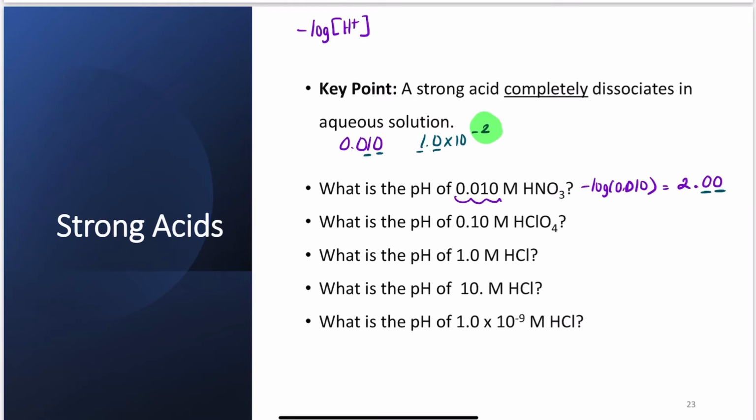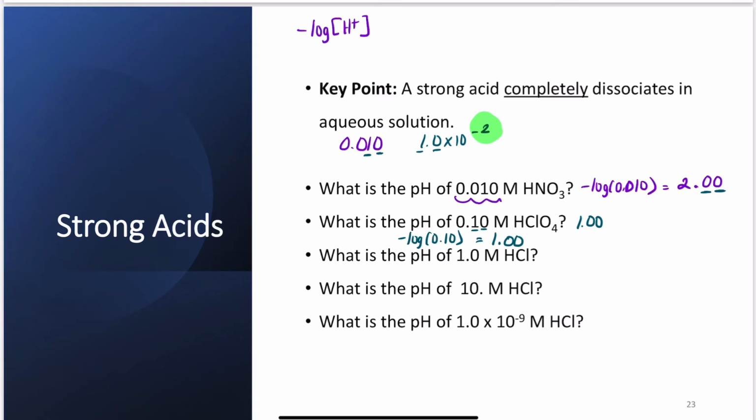How about the pH of 0.10 molar HClO4? This is also a strong acid, so I'm going to say negative log 0.10. When I calculate this out, it's going to give me 1, but I need to pay attention. I have two sig figs here, so I'm going to say 1.00. The 1 again represents the log, the 2 zeros after represent my sig figs.